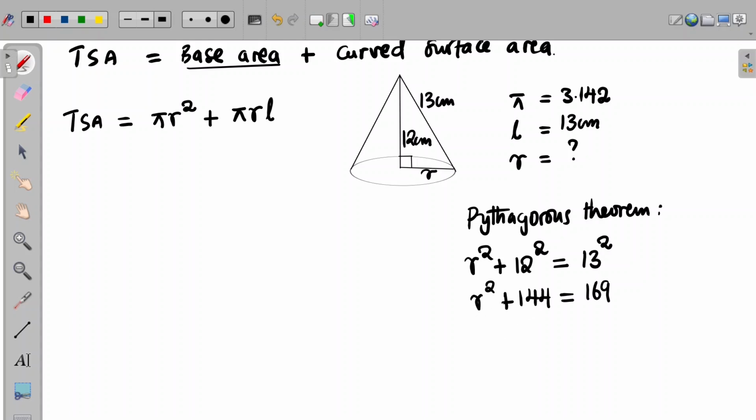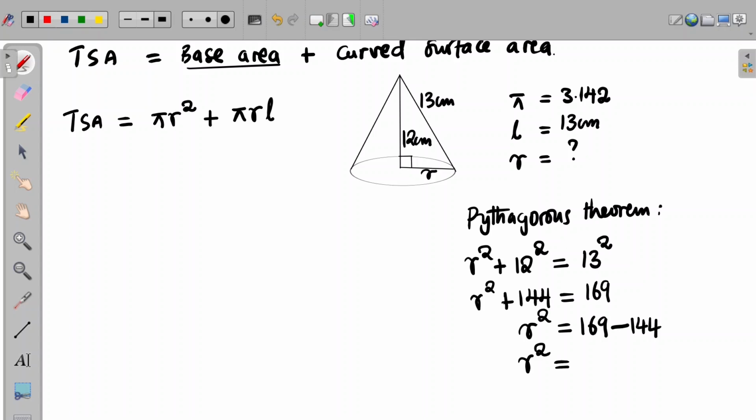So r squared will remain this side, equal to 169. Then 144 will cross to the other side. Since it is positive, when it crosses it becomes negative 144.